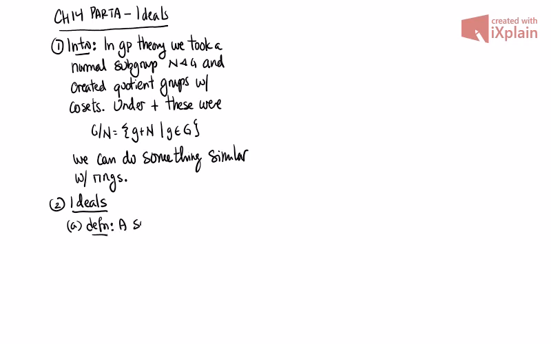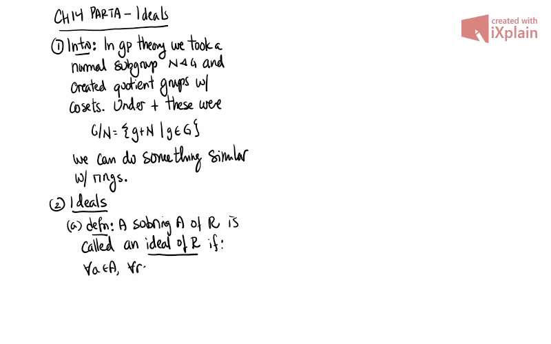A subring A of R, where R is the big ring and A is the subring, is called an ideal of R if the following is true: for all a in A and for all r in R, we have ar and ra in A.